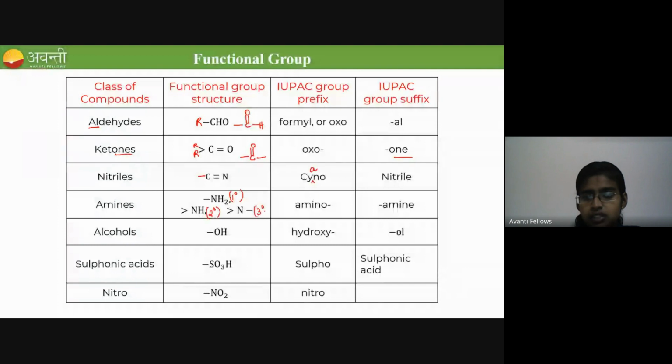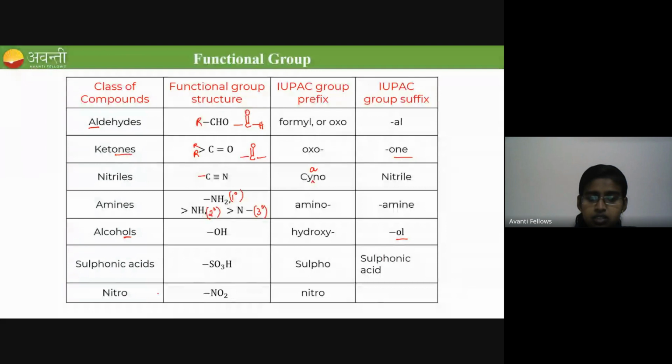For all three types of amines, the prefix is amino and the suffix is amine. For alcohols, the formula is OH, the prefix is hydroxy, and the suffix is ol. Since alcohol ends with ol, the suffix we use here is ol.